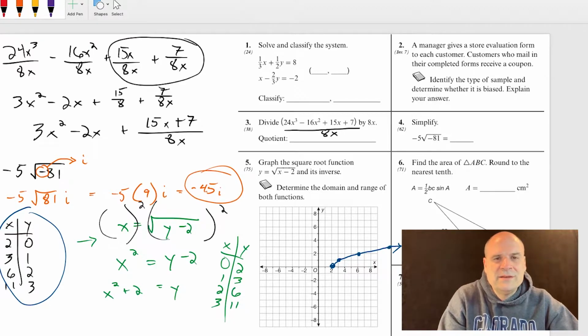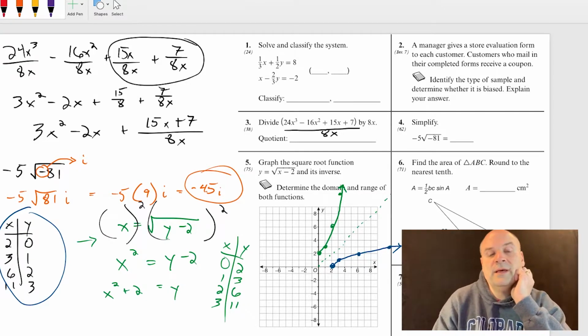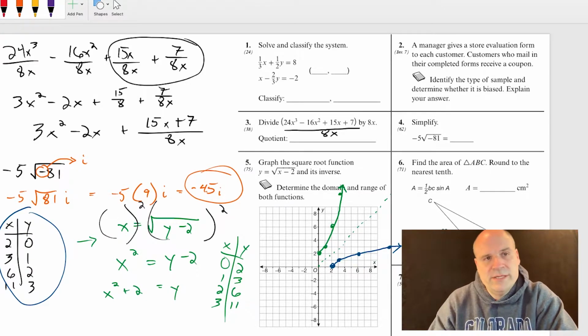All right, let's see what that looks like. 0, 2 is right here. 1, 3 is right here. 2, 6 is right here. 3, 11 is about right there. But technically, you guys already knew that, right? Because it just reflects itself over this x equals y axis of symmetry, right?